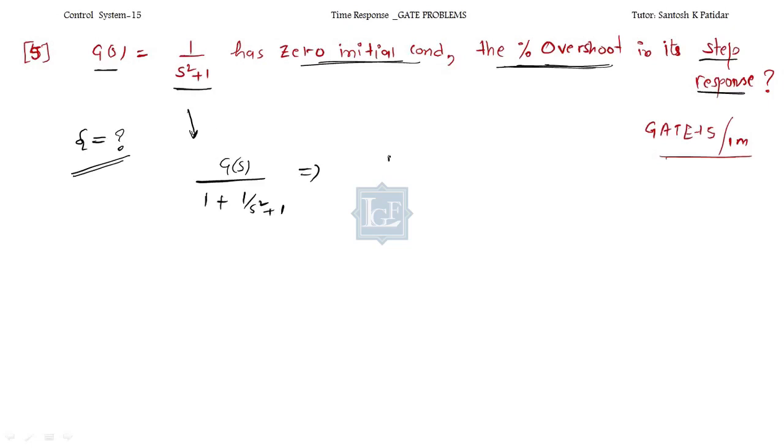When you keep this over here, you get s square plus 1 as the denominator. When you find the poles, s will be plus minus j. So this system is an undamped system, correct? Marginally stable.